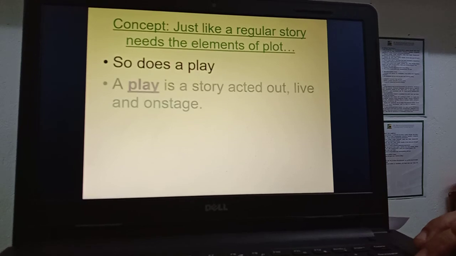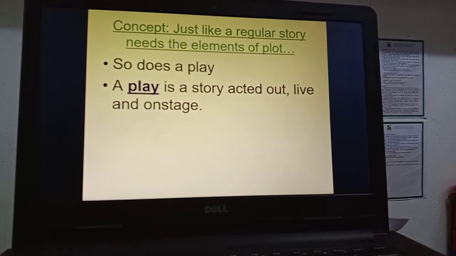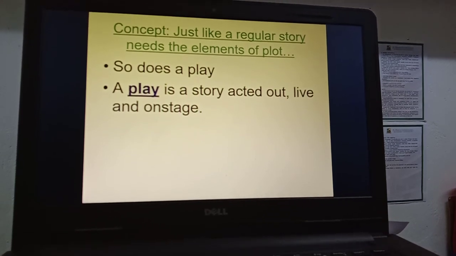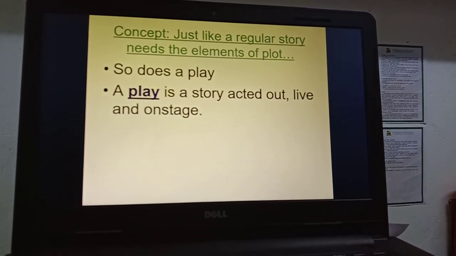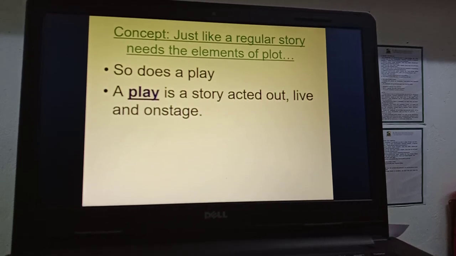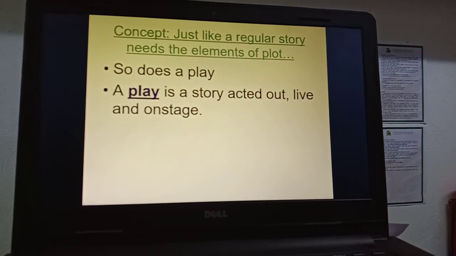So does a play. A play is a story acted out live on stage. Kung kaya't sinasabi, alin daw ang mas mahirap? Ang magtanghal sa entablado o di kaya sa isang pelikula? The difference is, sa pelikula, pwede mong i-cut when the actors have mistakes o kapag nagkamali.